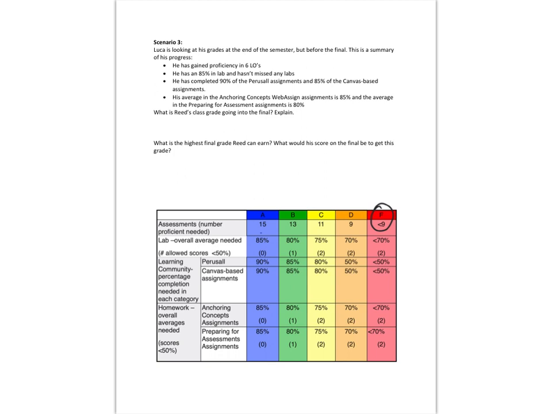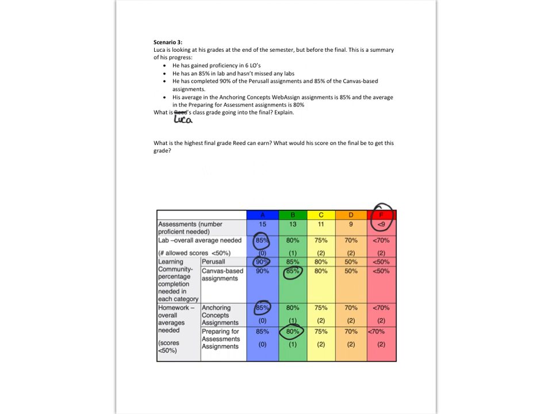He has an 85 in lab, so that's at the A level, has done 90% of the perusals and 85% of the Canvas-based assignments. For his anchoring concepts, he's at 85%. Preparing for assessments is 80%. And there you see I didn't do a very good job of editing this.